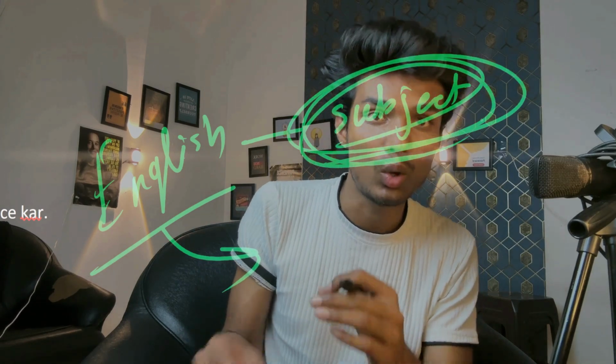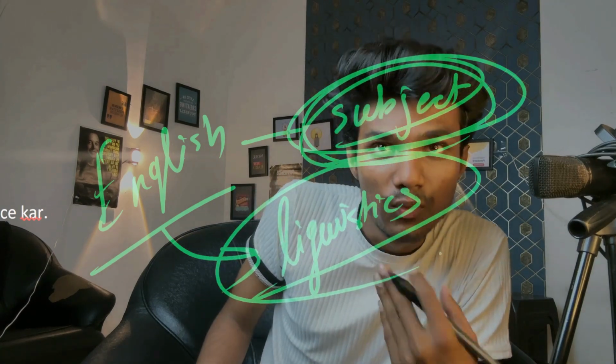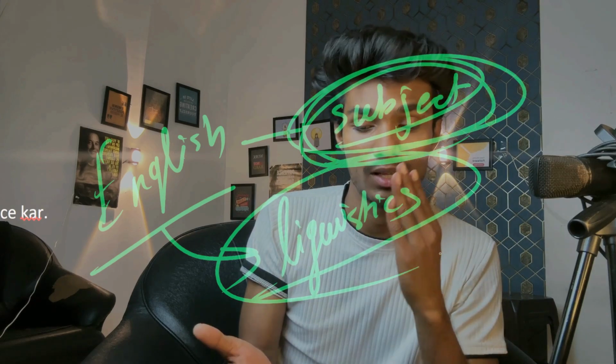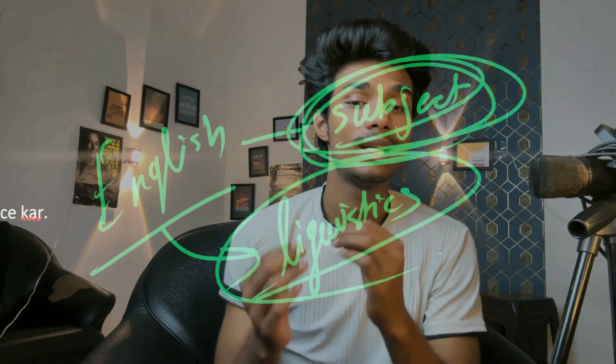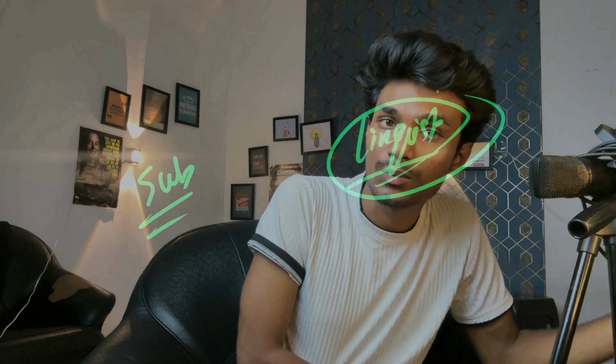But I want you to analyze the part of language as linguistics. That is the area of language where not only English is learned, every language is learned in the same way. So instead of learning English in a subjective way, learn English in a linguistic way. Linguistics is entirely another subject which targets only languages.